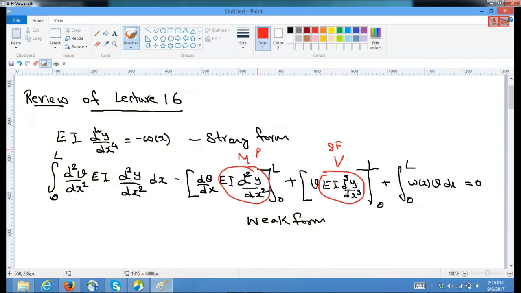And these are the point loads, and this is the distributed load.